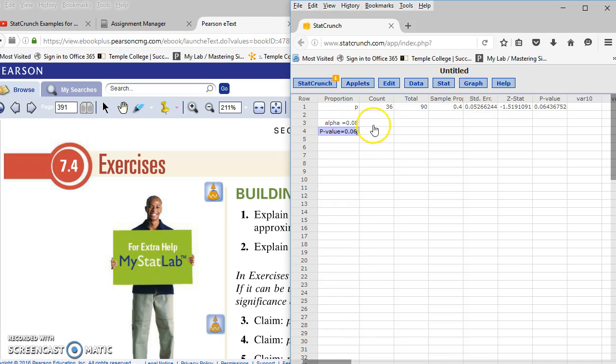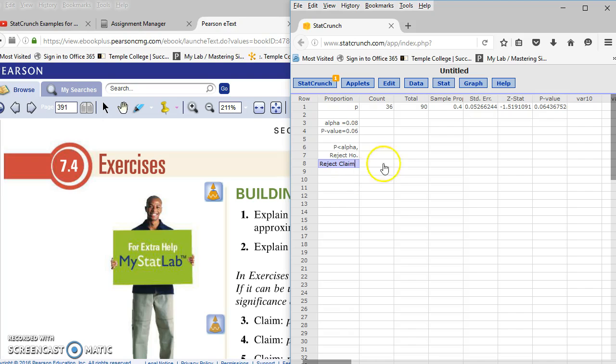And you can see in this case that P is less than alpha, and what that means is that we reject H sub O. Now, if we reject H sub O, that means that we reject the claim, because H sub O was the claim.